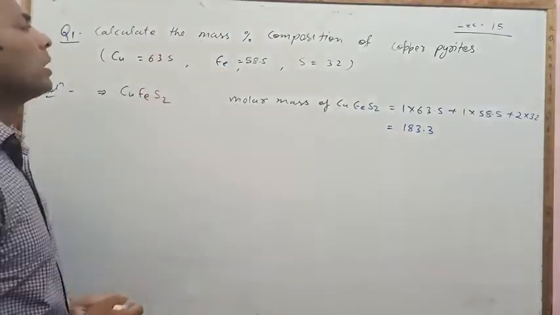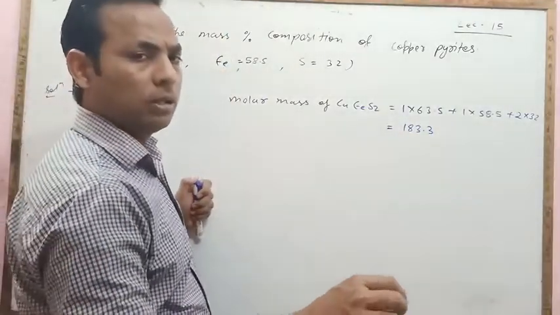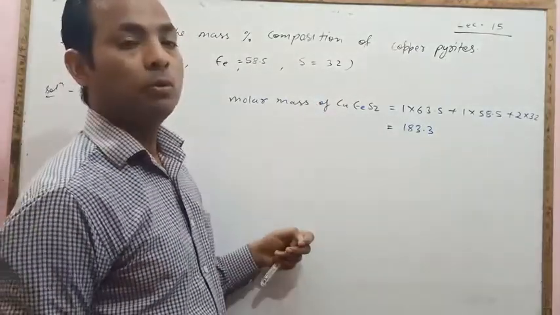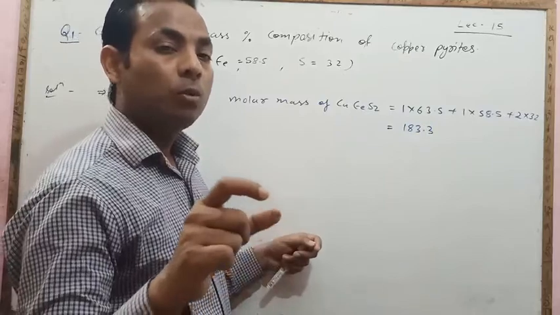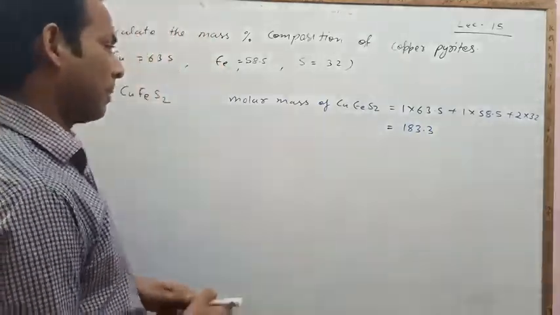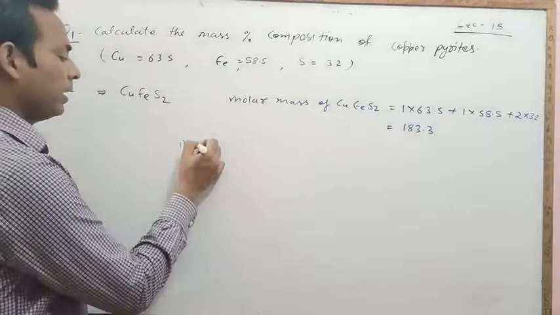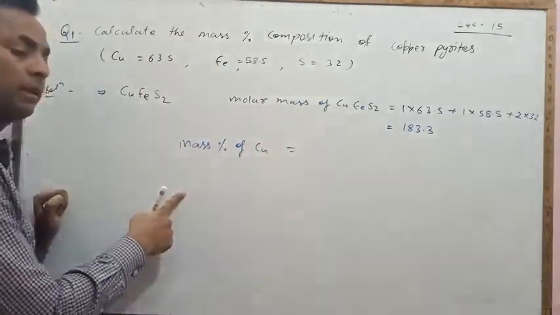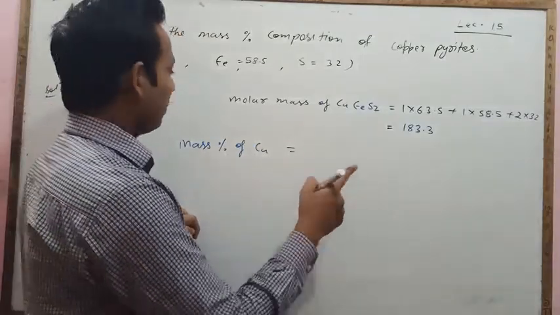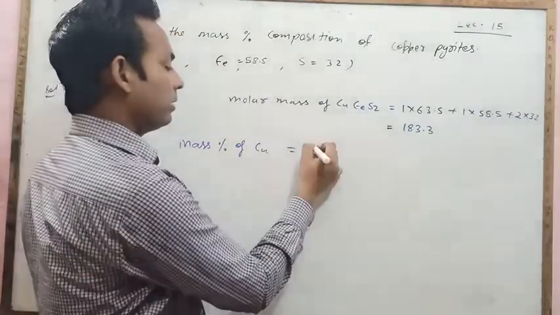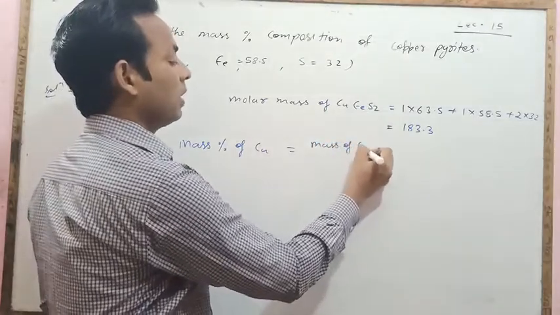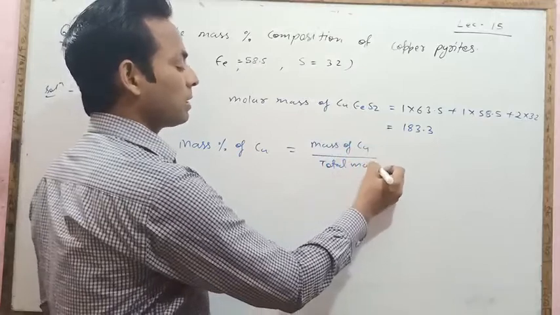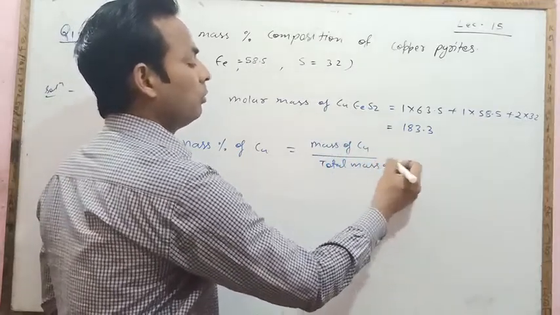Already given, calculate the mass percentage composition. The composition means whatever elements are present in the given compound, we have to calculate the mass percentage one by one. So mass percentage of copper equals mass of copper upon total mass of compound into 100.